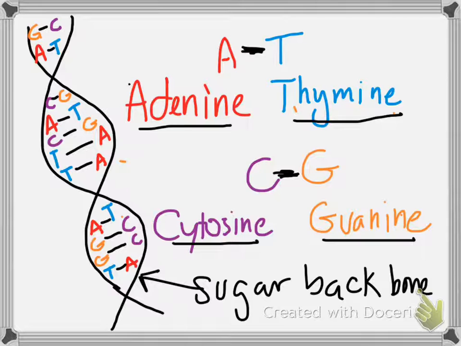The letters can end up in any order, but anytime you have an adenine on one side of the ladder, you're going to have a thymine on the other. Anytime you have a cytosine on one side of the ladder, you're going to have a guanine on the other. And you can have a long run of one letter.